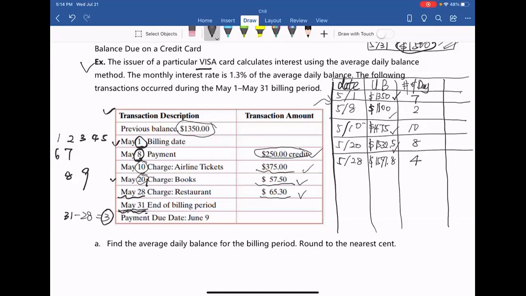But in our question, when we do May 1st, the unpaid balance on May 1st, we didn't change it from here. So May 1st is included. So the number of days of this unpaid balance is 4 days.